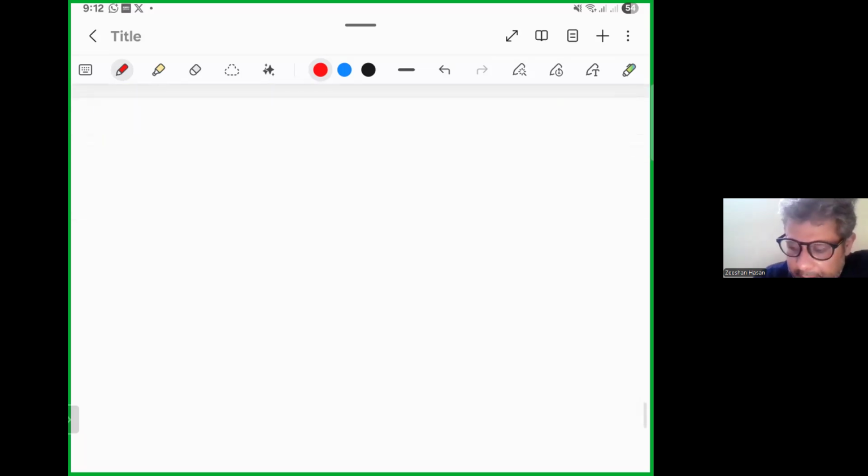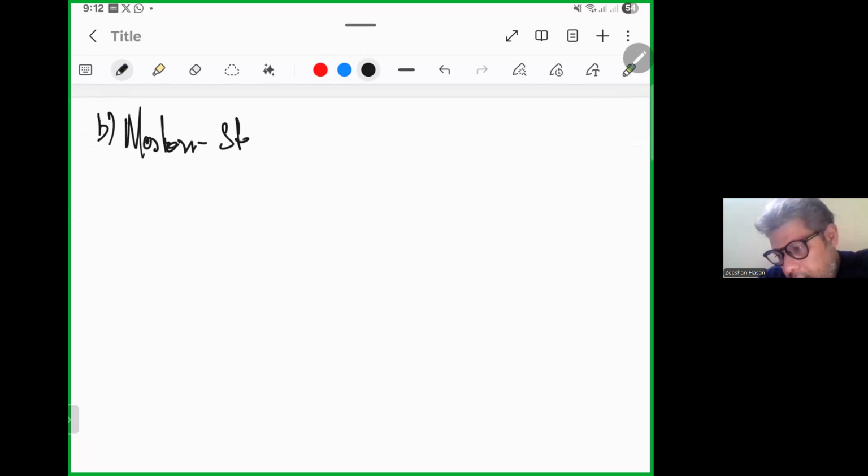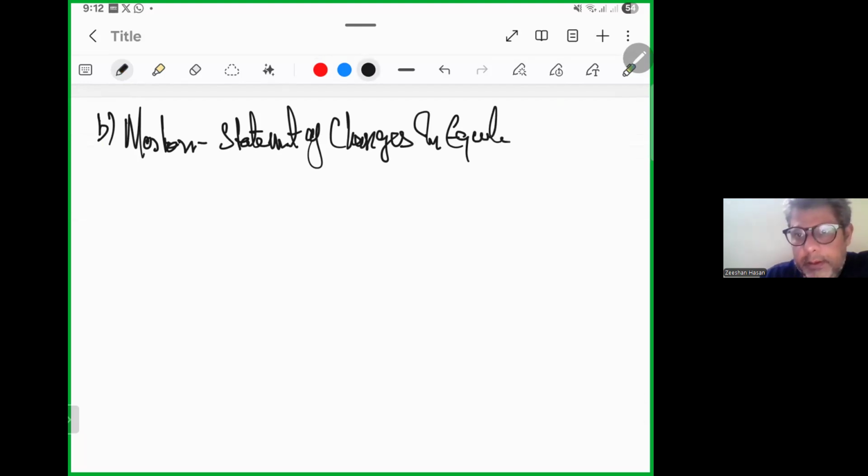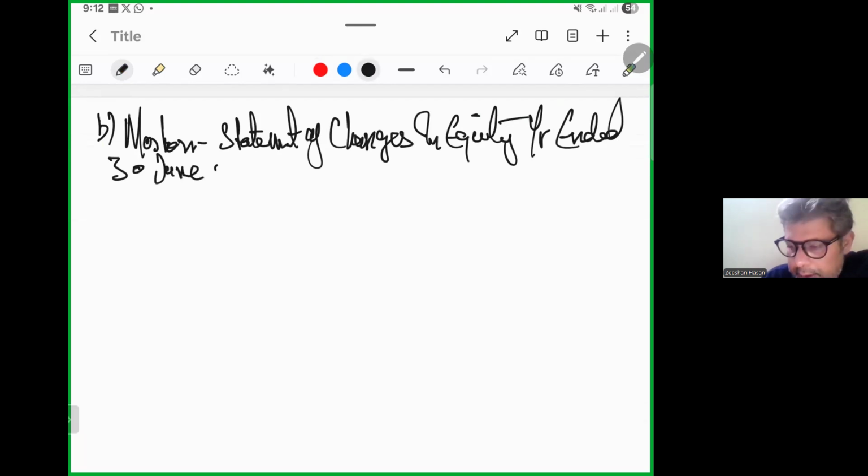Now, finally, we have the next requirement, Moston statement of changes in equity, year ended 30th June 20X5.